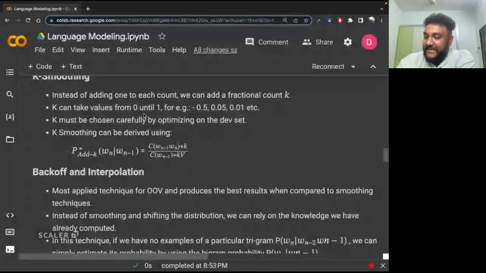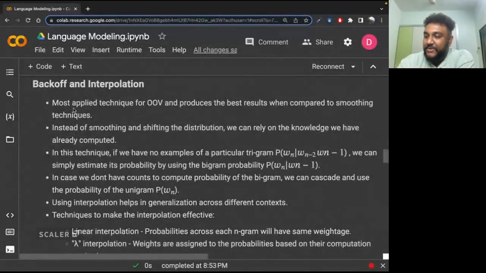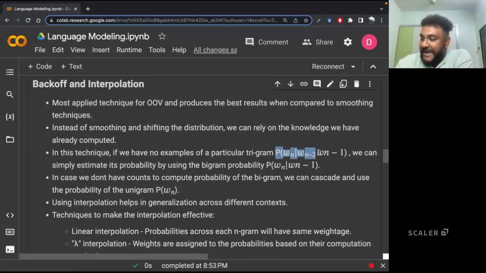Another very nice technique for dealing with unseen words is known as back-off and interpolation. If we have the probability of a trigram like this, and we don't know it, we will simply remove one thing from here, and instead of using the trigram, we will use the bigram probability.